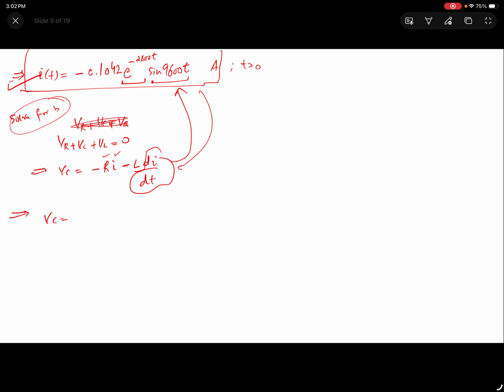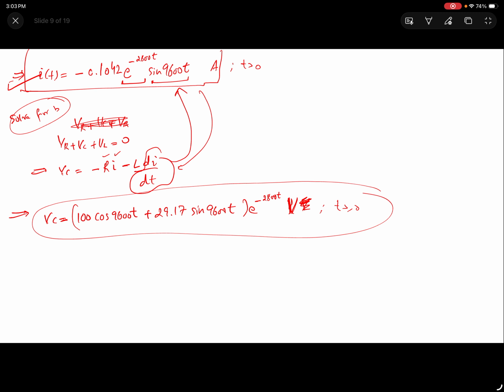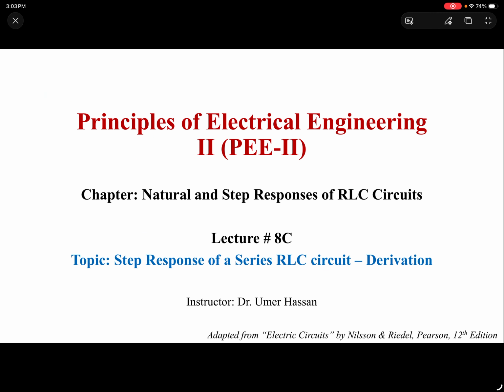So the value of the capacitor voltage is going to come out to be 100 times cos of 9600 t plus 29.17 sine of 9600 t, times e raised to the power minus alpha t, 2800 radians per second t, so the unit is volts. And this is also for t greater than or equal to 0. So here's the capacitor voltage equation.